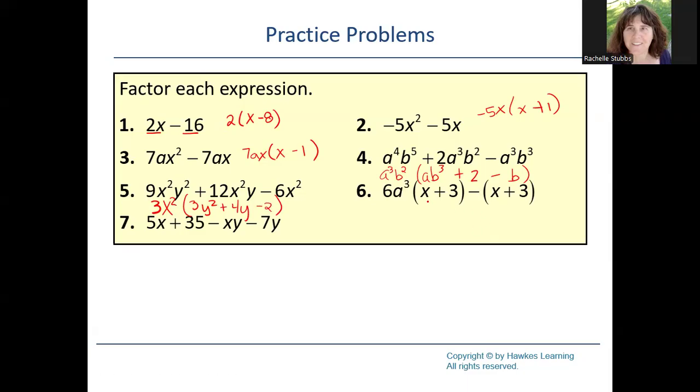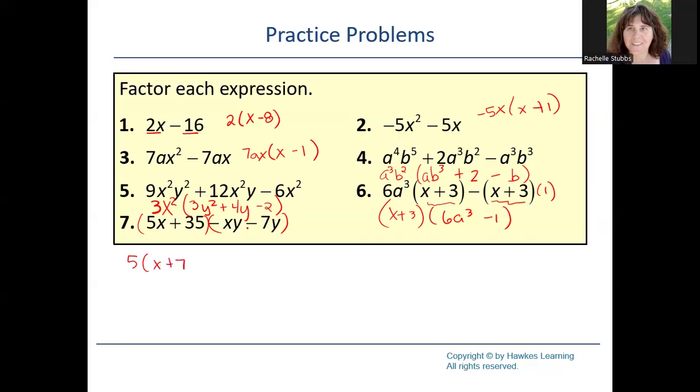And over here, I can see that I have a binomial that's common. I'll factor it out. And that leaves me with 6a to the 3rd. And remember, there's a 1 here, if nothing else, so it's minus 1. And finally, over here, factor by grouping, I'll put these two together, and I'll put these two together, and I get 5 times x plus 7.